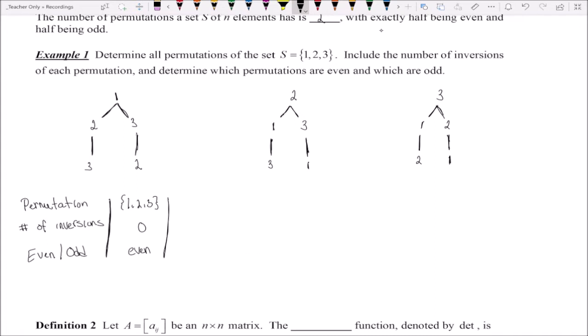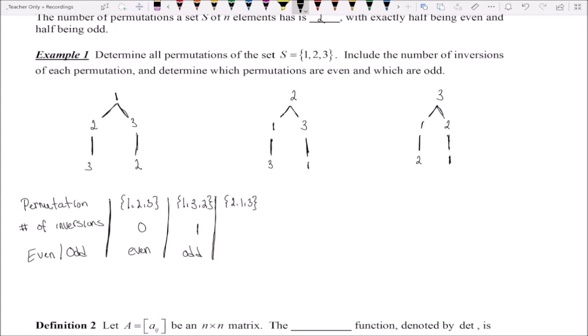Next up, we have 1, 3, 2. Now 3 precedes 2, so we have one inversion, making this permutation odd. Next we have 2, 1, 3.